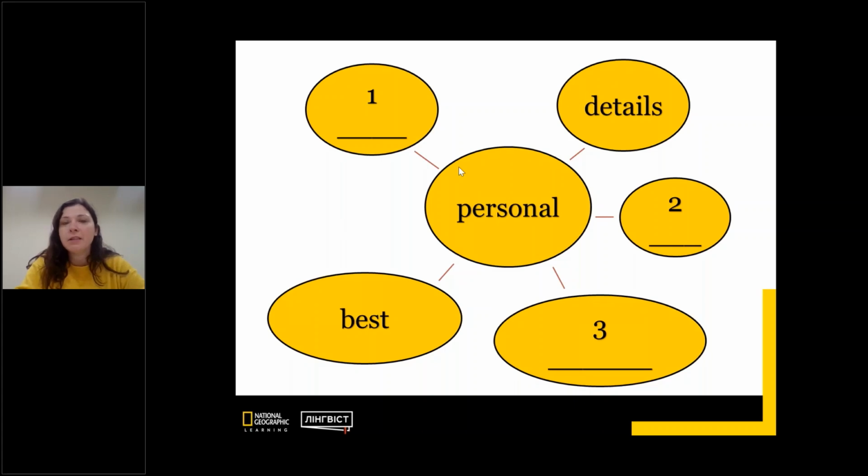So we have the answers: personal details, personal best. Do you remember what was in numbers 1, 2, and 3? Actually, the first one was from the text, right? Oh, great. I have the answers. Thank you.